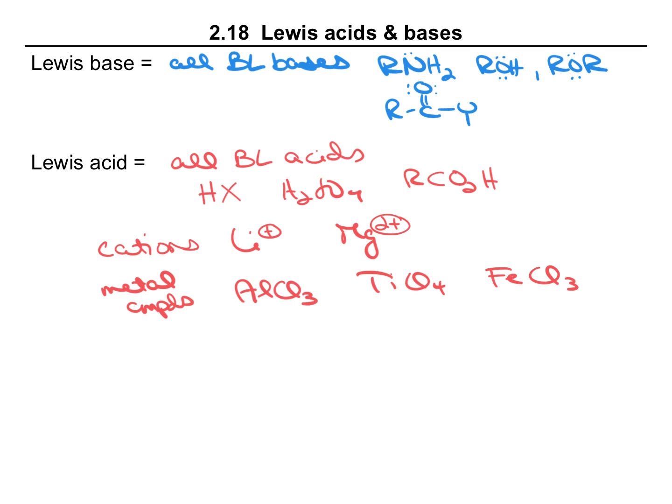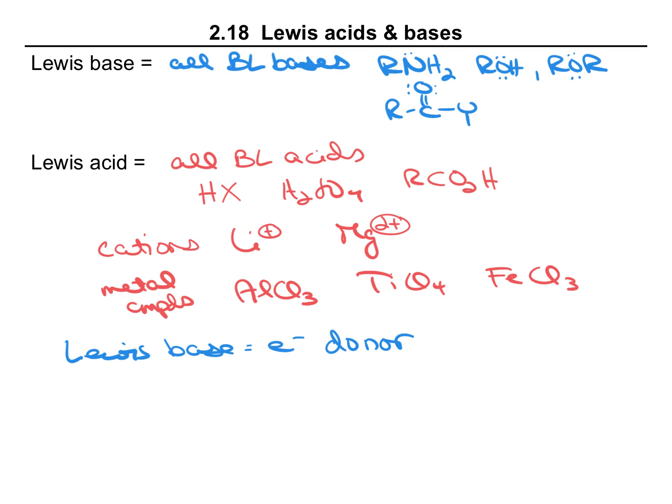If we have a Lewis base, this is an electron donor. So this is something that might have a negative charge, but it probably has extra electron density, so we can think of it as having negative character. Maybe it has a lone pair, not necessarily, but it is electron rich and it's able to share.